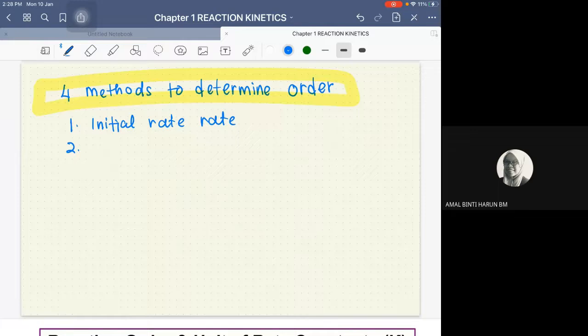Yang kedua, kita boleh tentukan order menggunakan unit K. Okay.